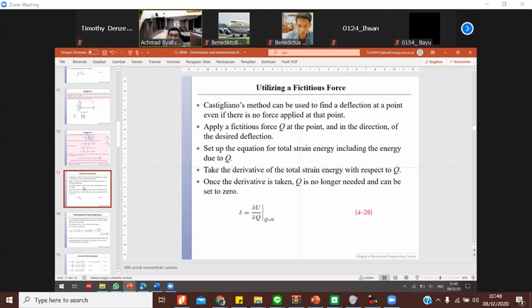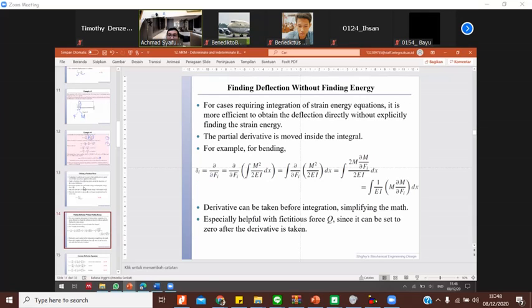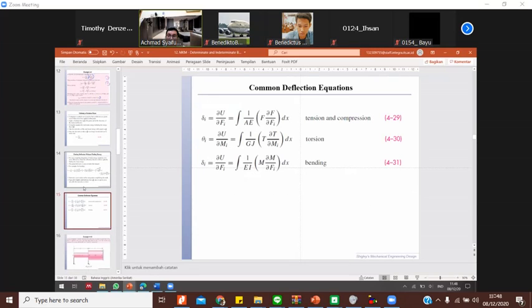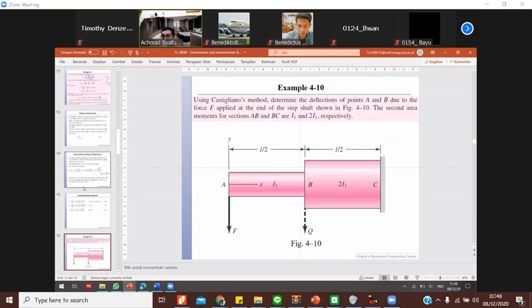We see the implementation of this concept in this example. Using the Castigliano method, determine the deflection at point B, with force at one point and B without any force.